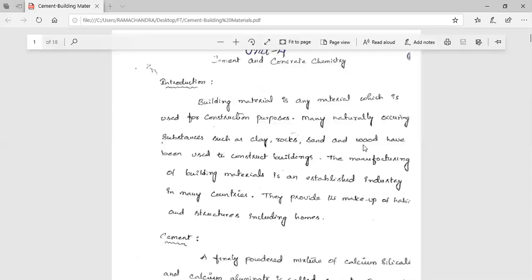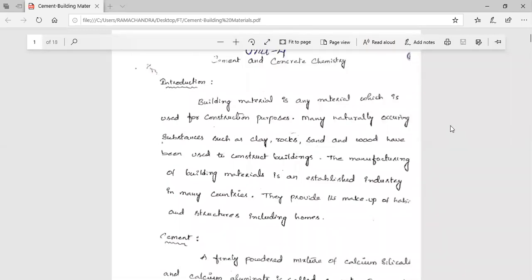They provide these building materials to construct various structures, whatever we want. We can construct by using these types of building materials.